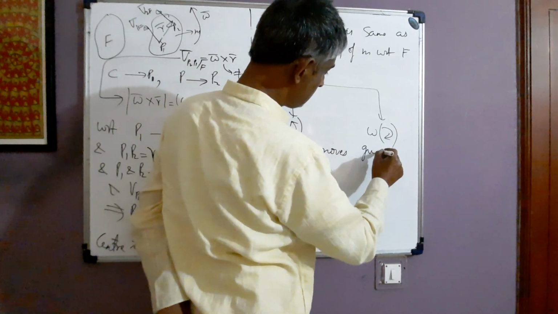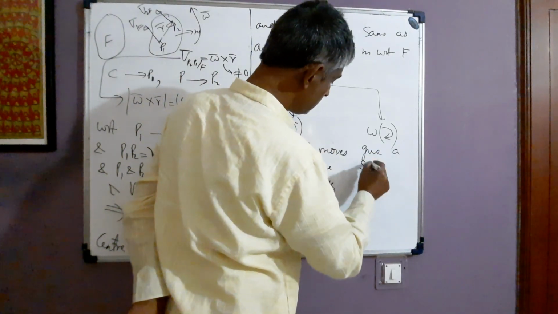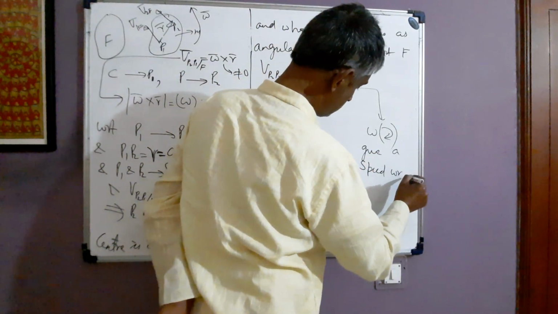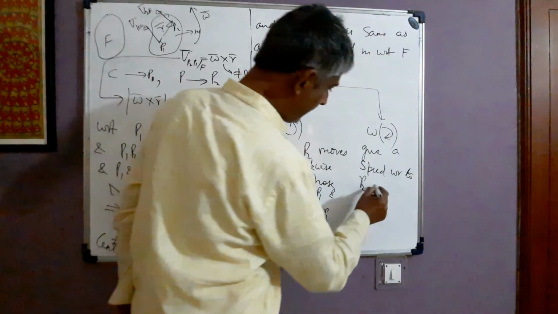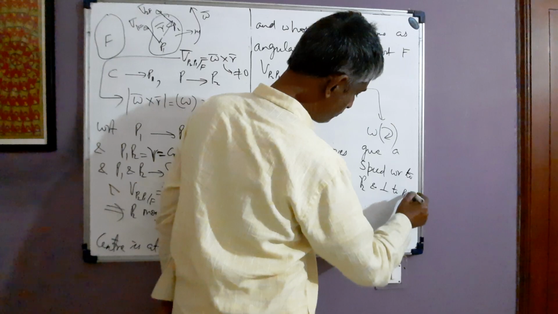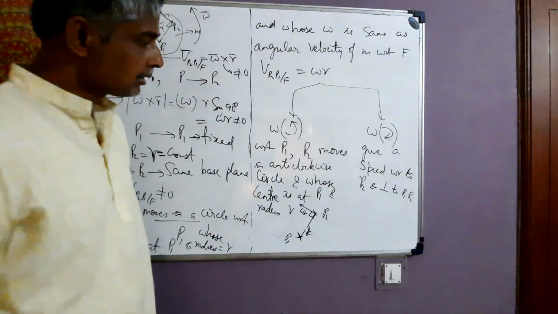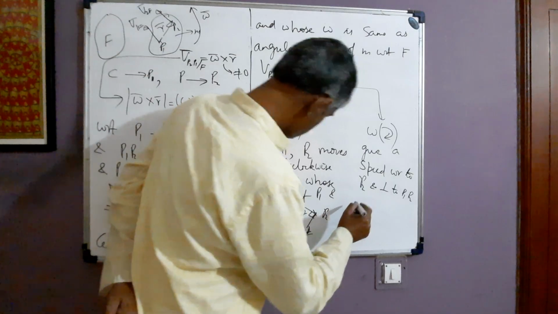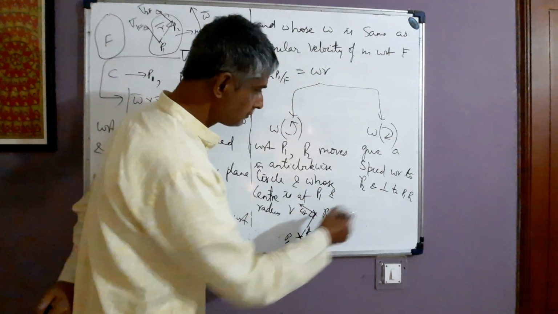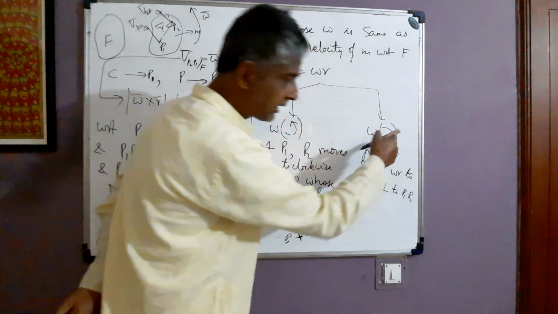We give a speed omega r to P2, perpendicular to P1 P2, such that the sense of omega is clockwise.